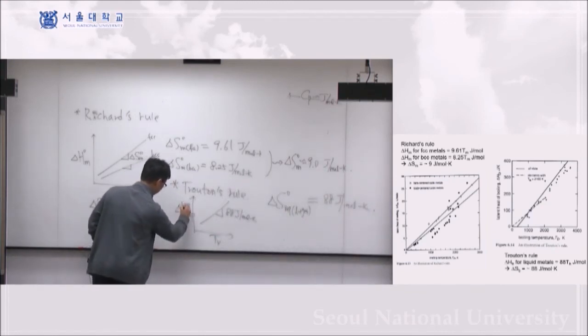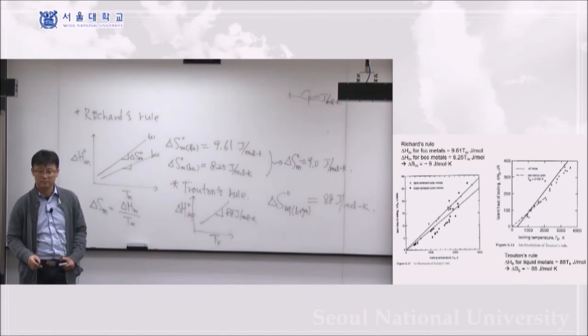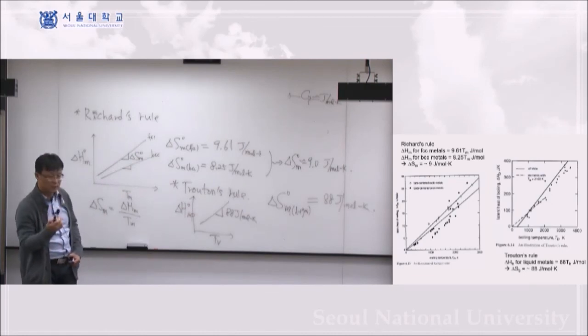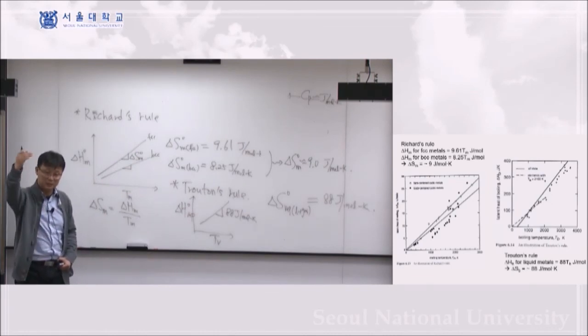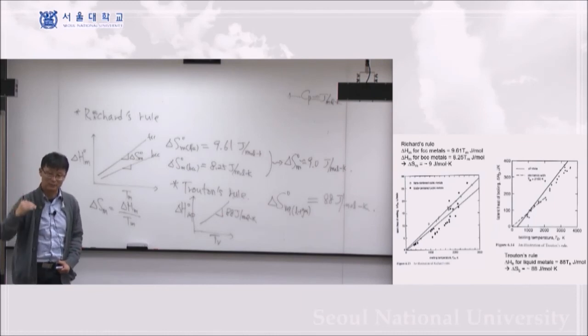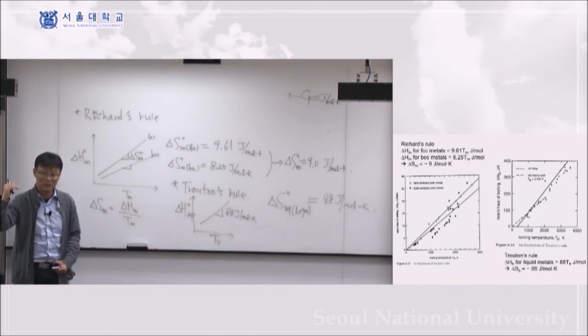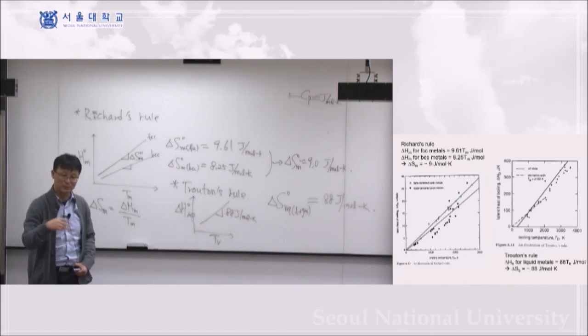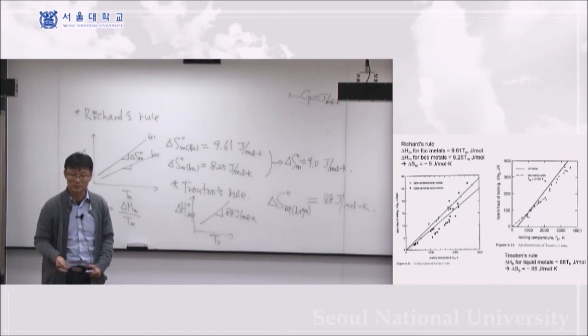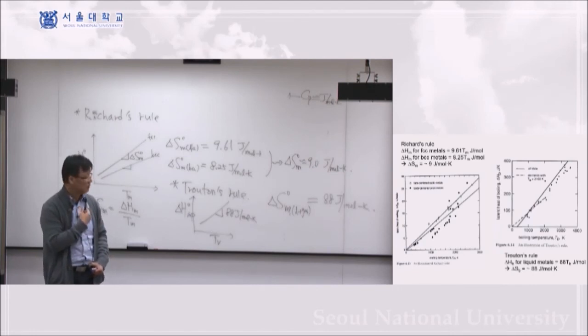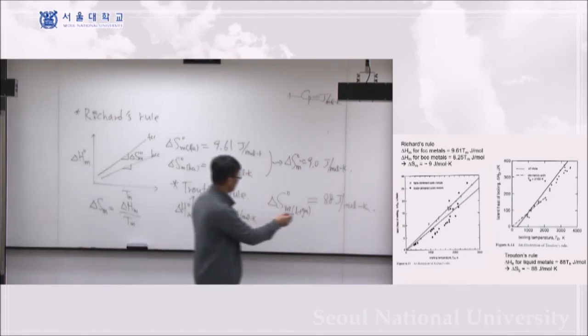So, as we expected, the enthalpy needed for evaporation is a much higher value, first of all. And if you think about it in terms of entropy, the entropy of gas should be much higher than that of the solid or liquid phase. Okay?